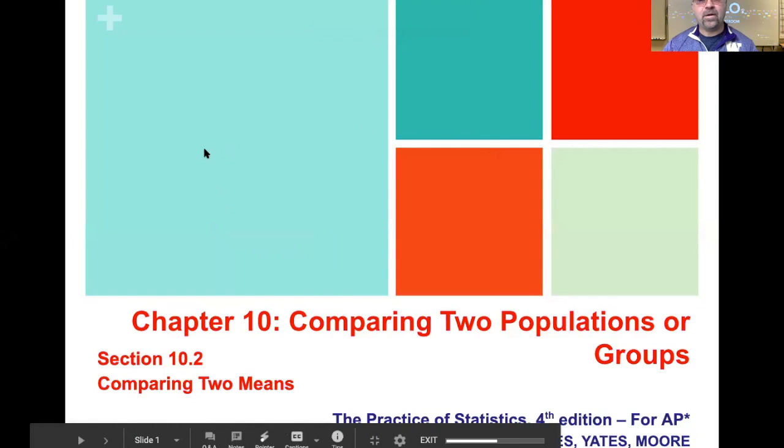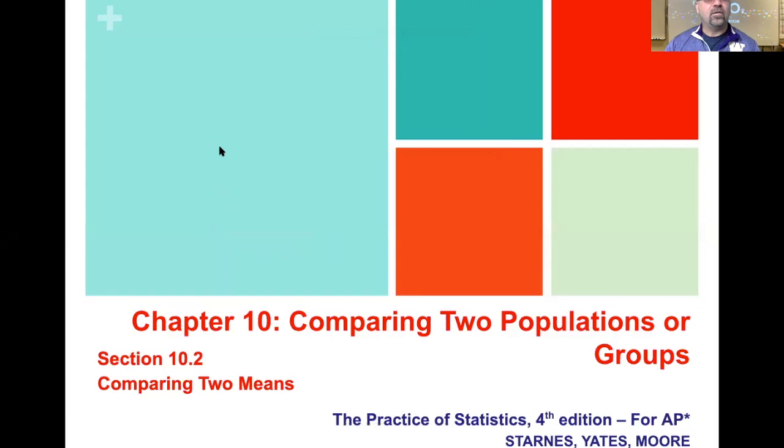So we are going to talk about comparing two means. Here we go. Previously, before we left for the break for COVID-19, we talked about comparing two proportions. I did put a note sheet in your folder on comparing two means.